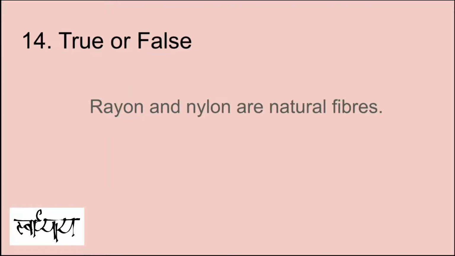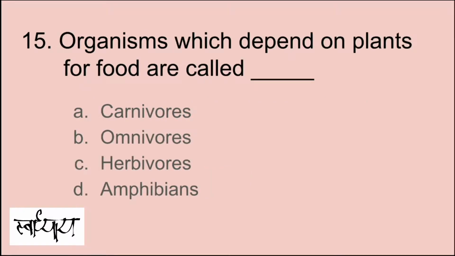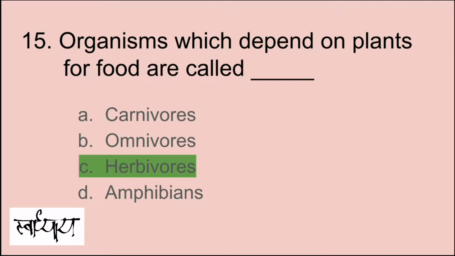True or false? Rayon and nylon are natural fibers. Answer false. Organisms which depend on plants for food are called Answer C. Herbivores.